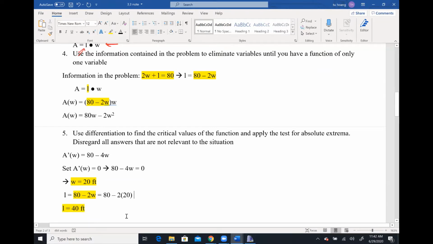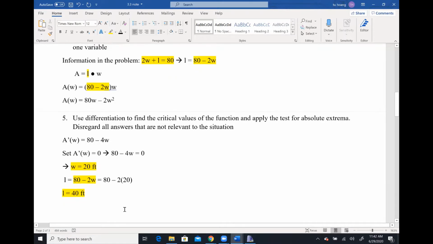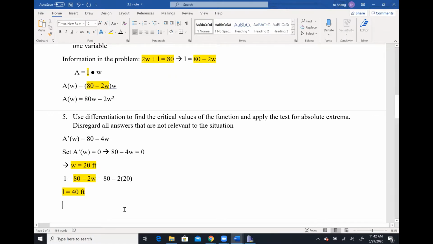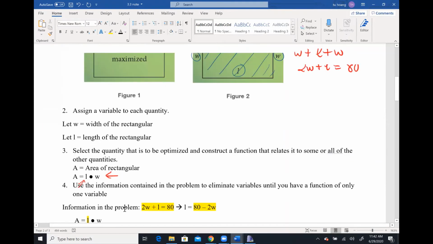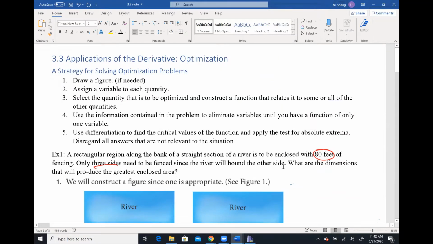Okay. So I'm gonna make a conclusion or interpret this. I'm gonna copy the question down.